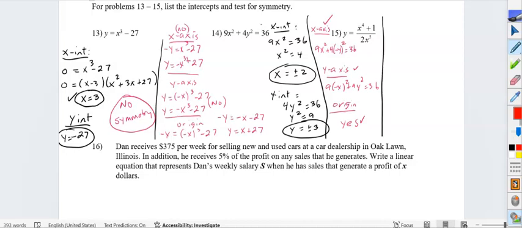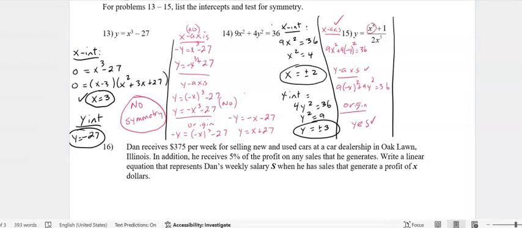All right, so for number 15, we'll start looking for intercepts. For x-intercepts, we're going to let y be 0 and solve. And we'll multiply both sides of this by 2x to the 5th, and that gives us 0 equals x to the 4th plus 1.